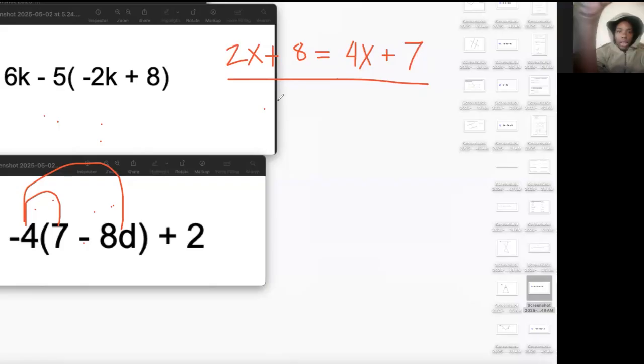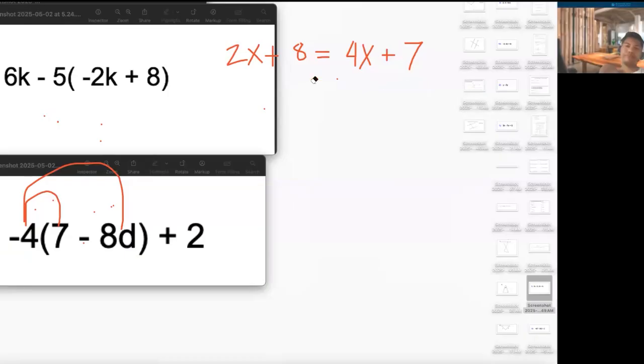Okay, I just want to make sure. Let me see. Oh, now I see it. So 2x + 8 equals 4x + 7. Do you want me to do it on the board on the screen? Yeah, it's fine.